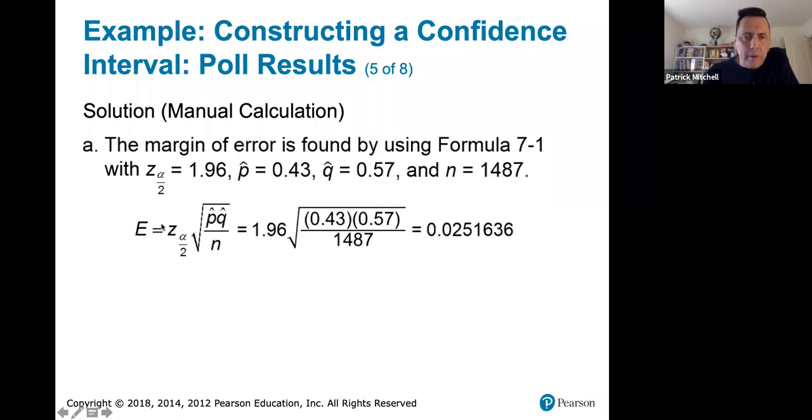So when you plug those numbers into the margin of error formula, Z sub alpha over 2 is 1.96, P hat is 0.43, Q hat is 0.57, n is 1,487. So what you should do right now is put this expression into your calculator and make sure that you get the same answer that they did, 0.0251636.